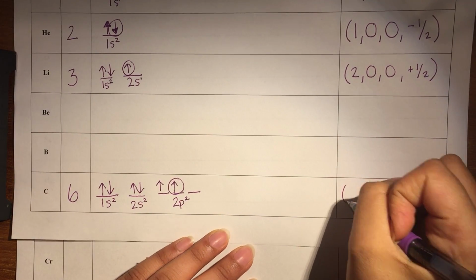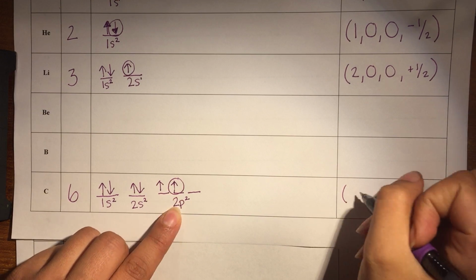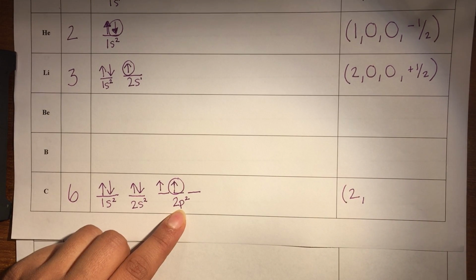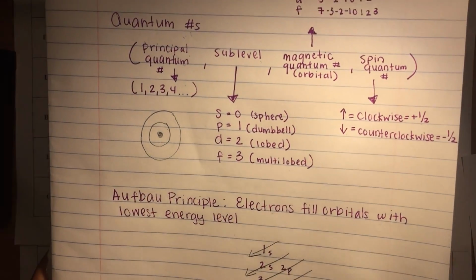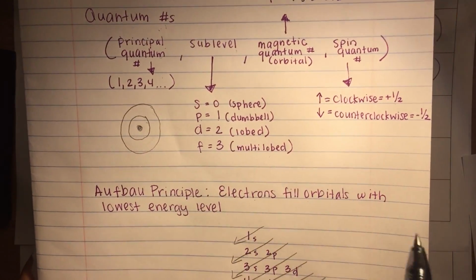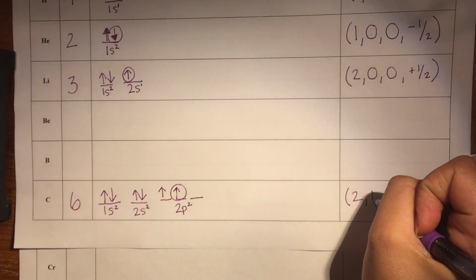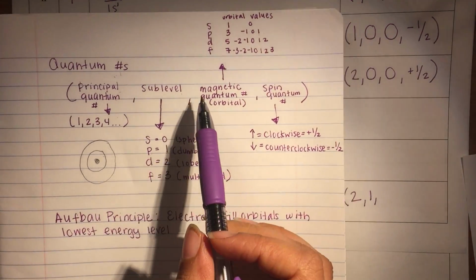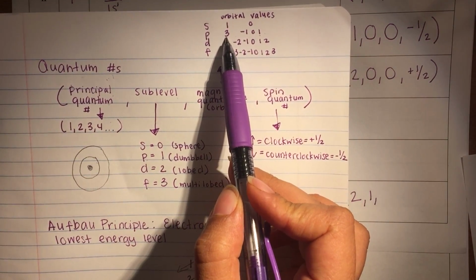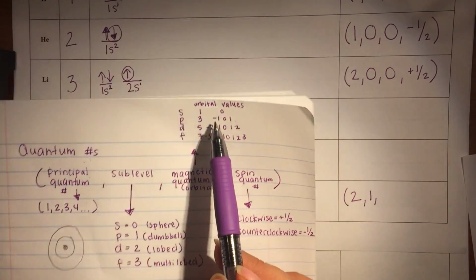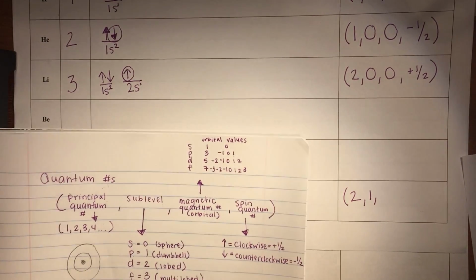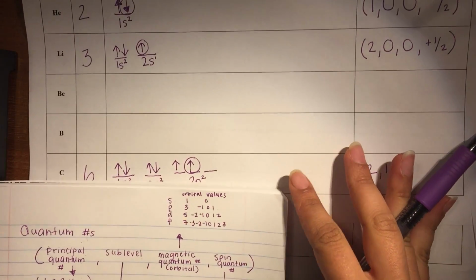Our energy level of this electron is 2. Since we have a p, if you look at your sublevels, p is 1. Now for your magnetic number, p has 3 orbitals. Depending upon which orbital it gets a different number.